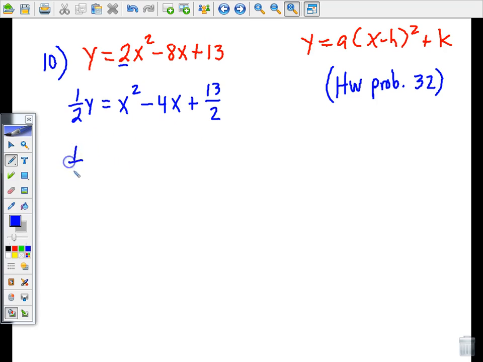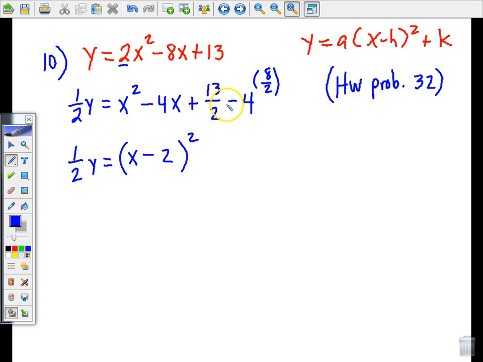Okay, and let's go through our process. Square root of x squared, bring down the sign, 4 divided by 2, negative 2 squared is 4, and I'm going to subtract 4 from my standard form. Okay, now remember, I need a common denominator, so I could think of 4 as 8 over 2.